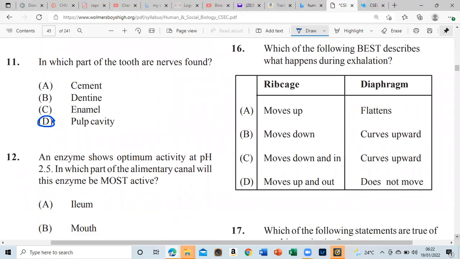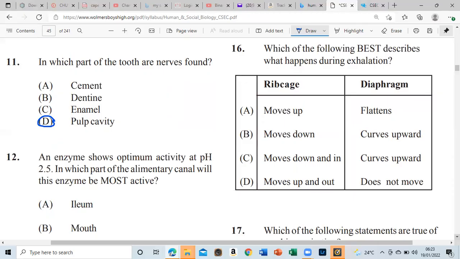Which of the following best describes what happens during exhalation? We are comparing the rib cage and the diaphragm. A, the rib cage moves up and the diaphragm flattens, or is it B, the rib cage moves down and the diaphragm curves upward, or C, the rib cage moves down and in while the diaphragm curves upwards, or D, the rib cage moves up and out and the diaphragm does not move?